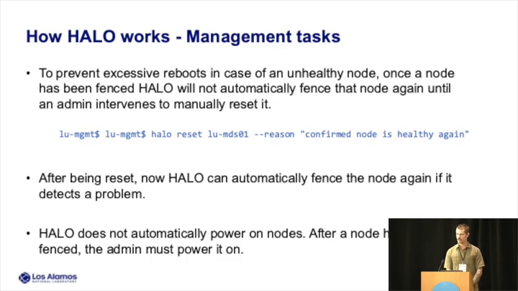So if you, as the admin, have determined, okay, that node is healthy now, I'm ready for Halo to have full control over it again, you need to reset that node so Halo knows it can power it off again if it needs to. You do that with the reset command, and again, you can specify a reason that is persistently logged.